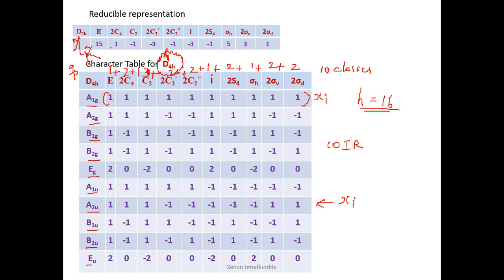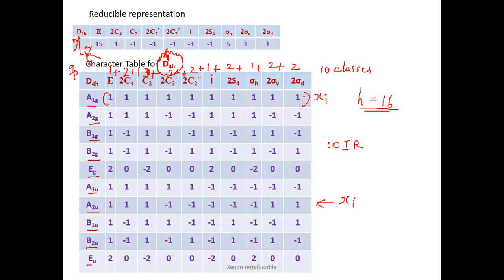Chi r is 15, 1, minus 1, minus 3, minus 1, minus 3, minus 1, 5, 3, 1. Always gp is 1, 2, 1, 2, 2, 1, 2, 1, 2, 2, always. h is 16, always. Only chi i is going to change.